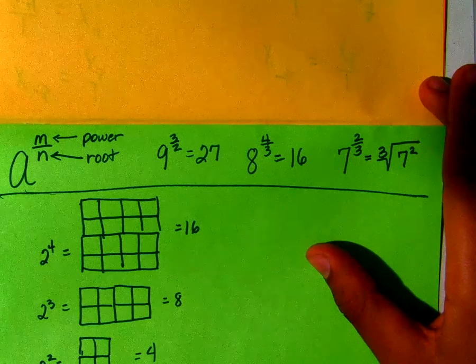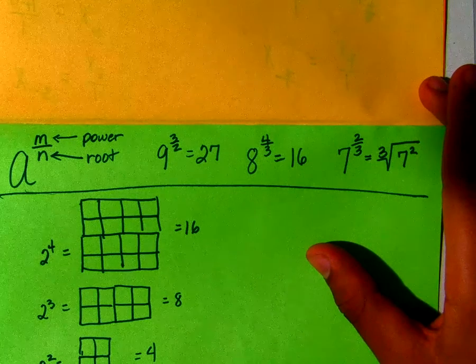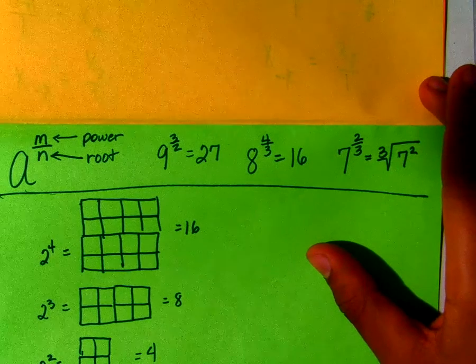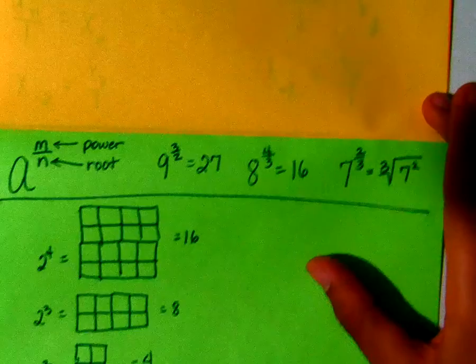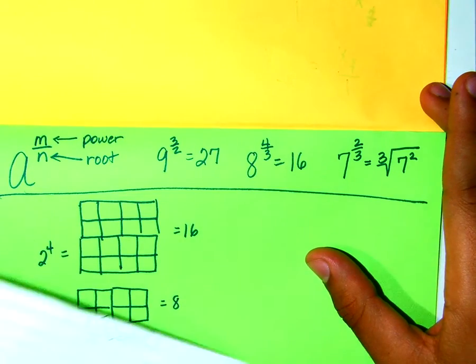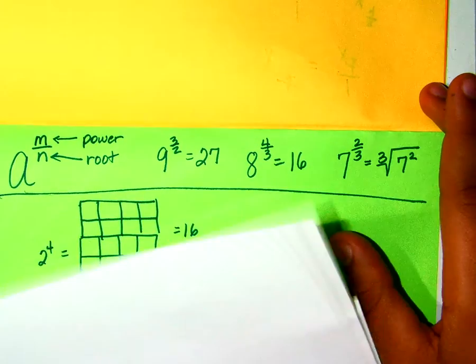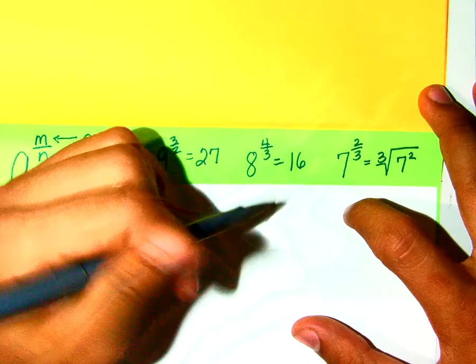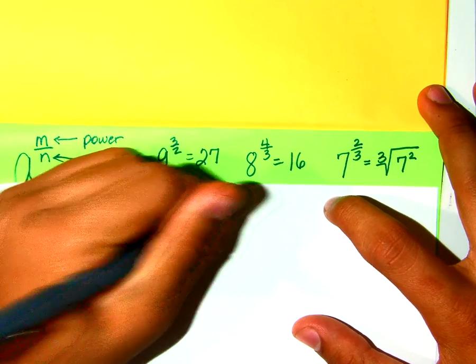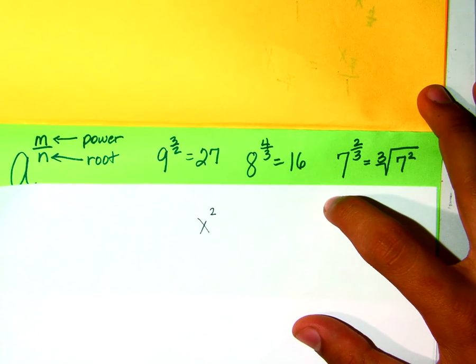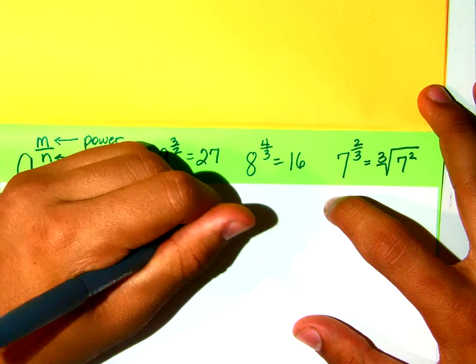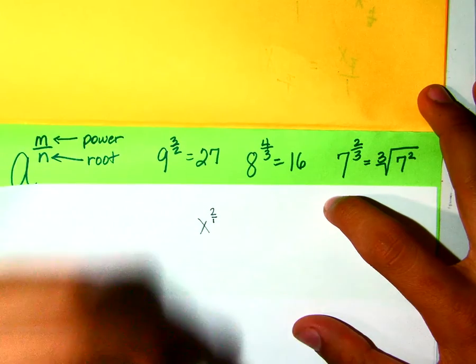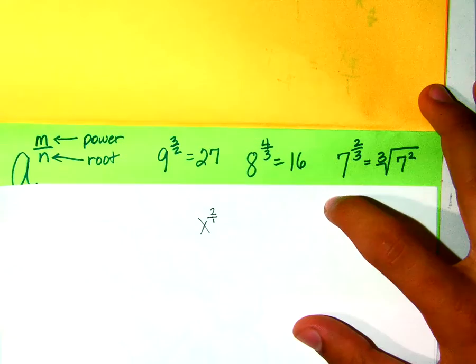Okay, so if we had x squared, that 2 is really 2 over 1. Any whole number can be written as itself over 1.